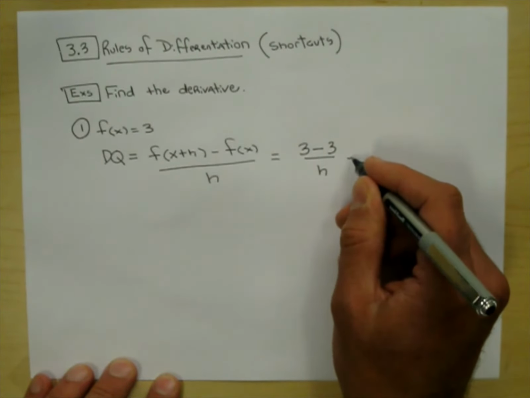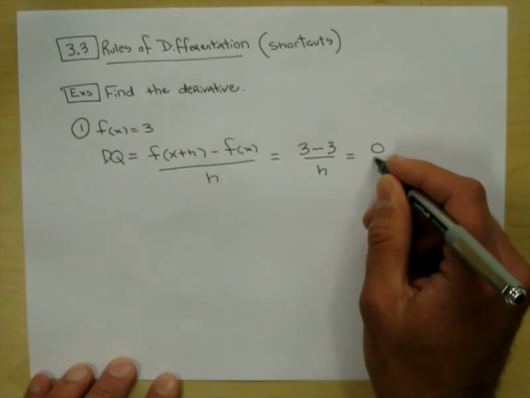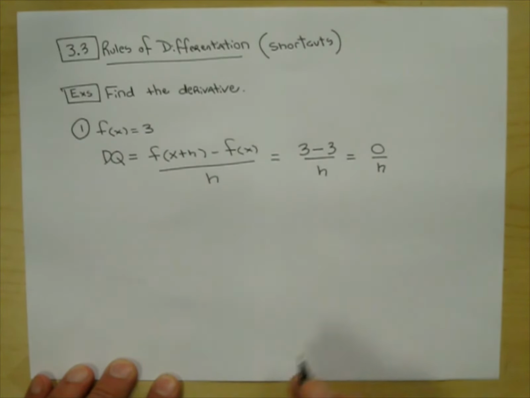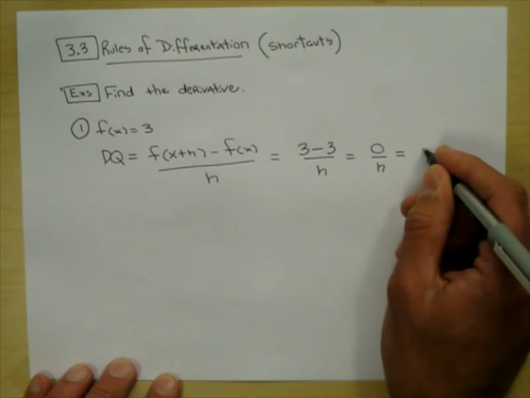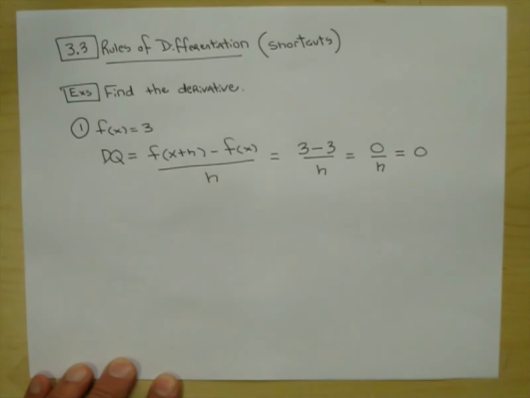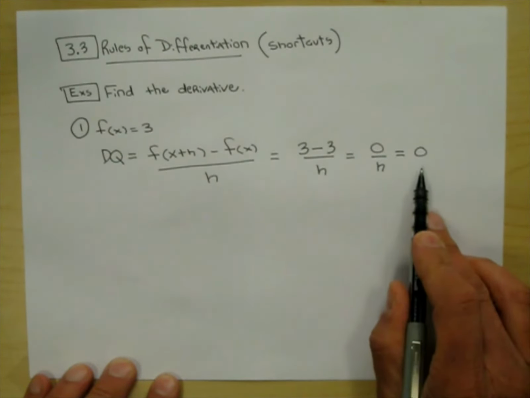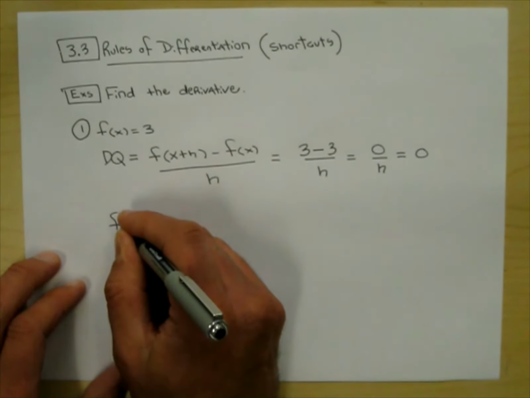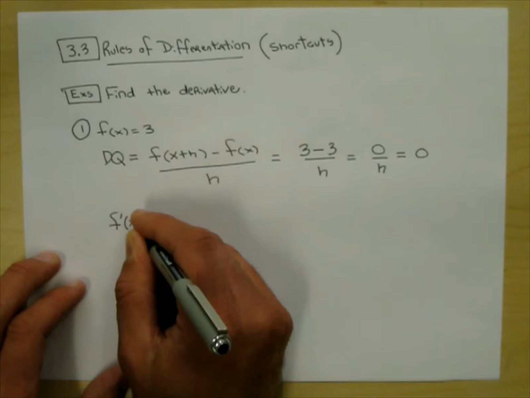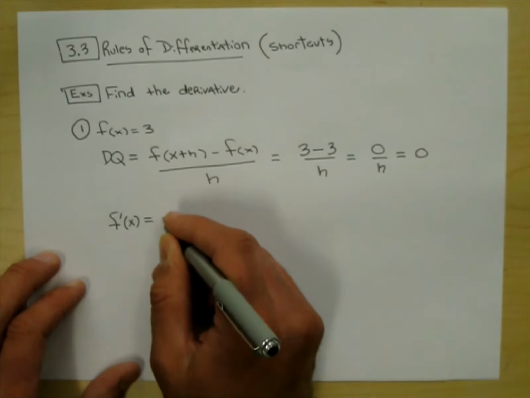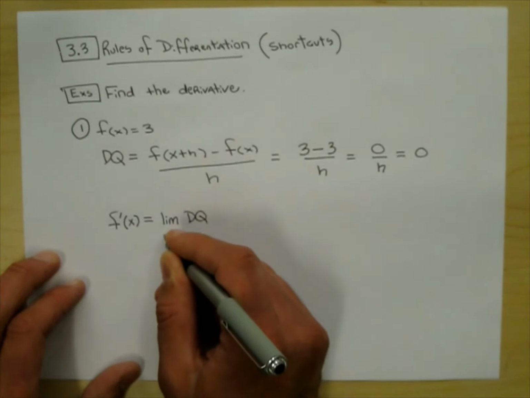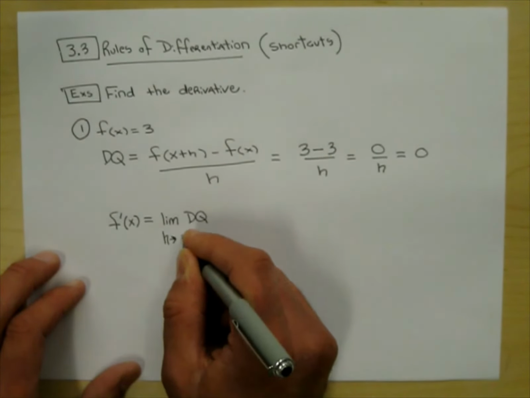Look what I have here. I have 0 over h, which is 0. So the DQ is 0. The derivative is the limit of the DQ as h approaches 0.